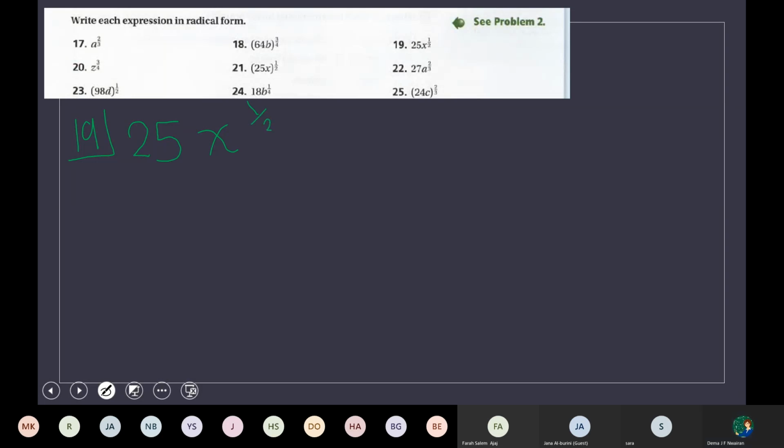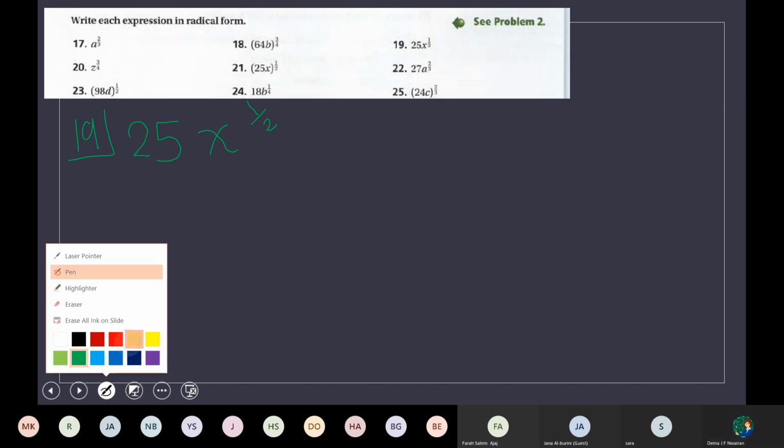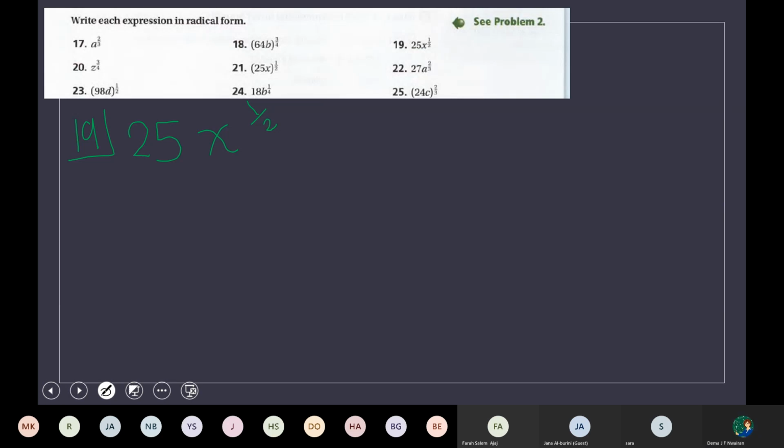Is this power half raised to 25 and x, or only x? Only x. Thank you. This half is raised only to x.